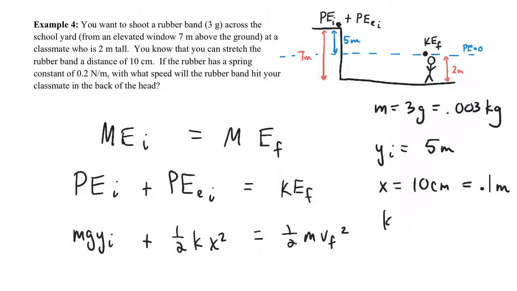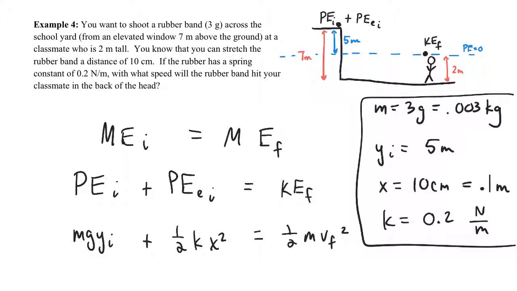And then finally, the K value is given as 0.2, and those units are perfect, newtons per meter. So my givens are on the far right here. I have to make sure that I understand why they are altered the way they are. Mass always in kg. Length always in meters. K always in newtons per meter. You can't go wrong if you do this each time.